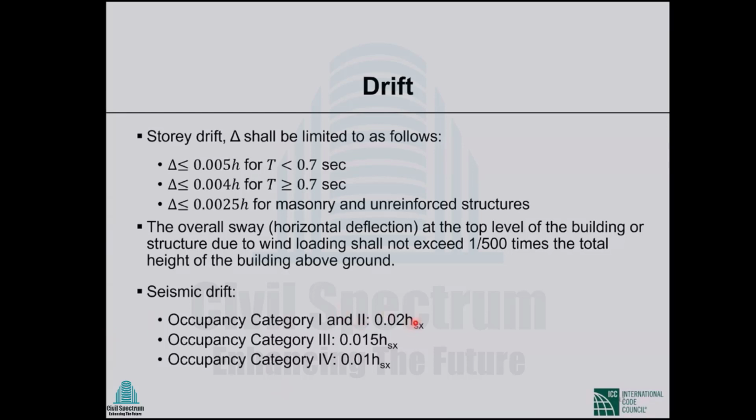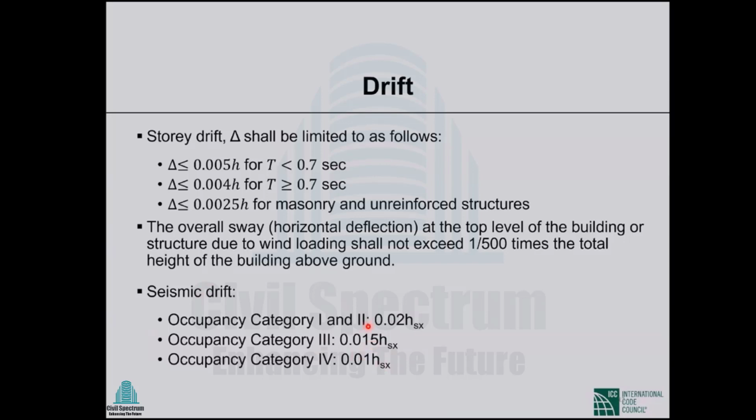This is the story height at a particular level. Occupancy category 3 is hazardous buildings, and occupancy category 4 is essential service buildings. So for different categories, the service limit for earthquake loading is different.